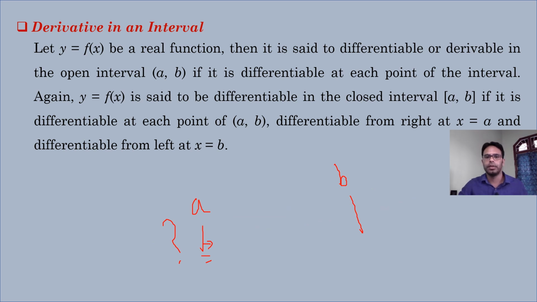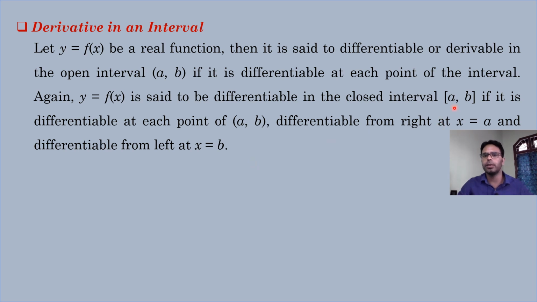It will be better if you solve some problems about this topic, then it will be more clear to you. I have written here, you see, x = a, and in the interval [a, b] it is differentiable at each point, meaning every point of this open interval (a, b), differentiable from right at x = a and differentiable from left at x = b.